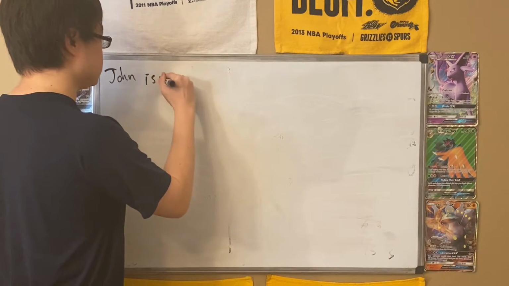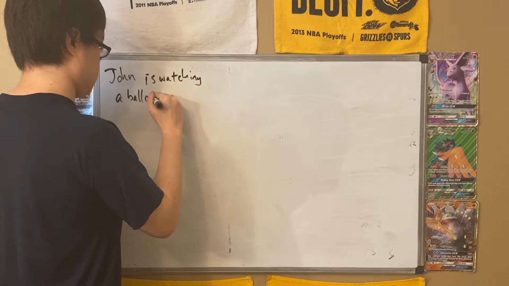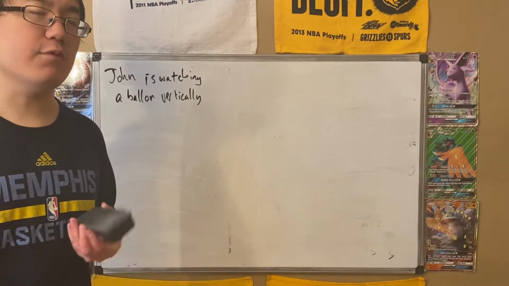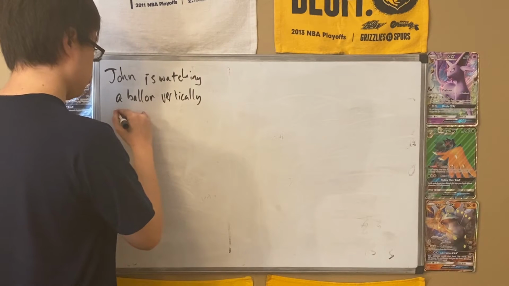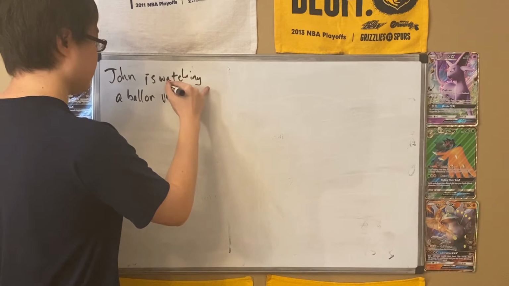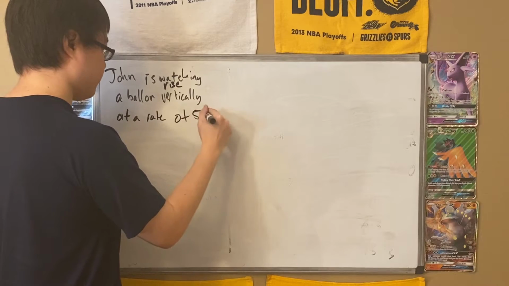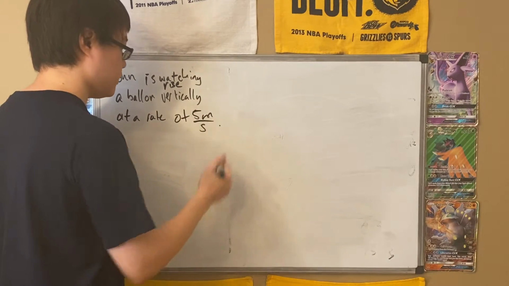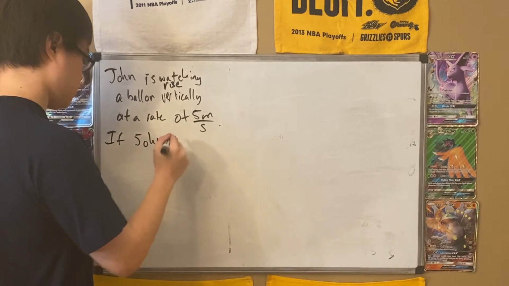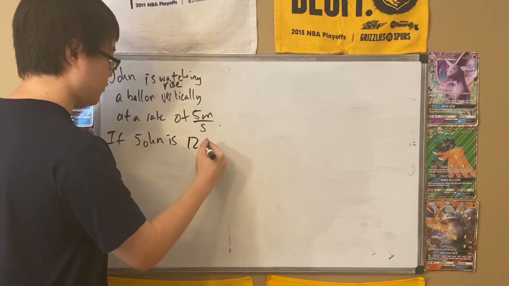So he's watching a balloon rise vertically, and let's say this balloon is rising at a rate of 5 meters per second. If John is, let's say, 12 meters away.